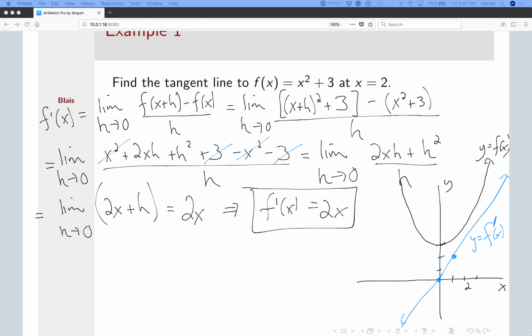So the question we were asked is to find the tangent line at x equals 2. So maybe we'll draw that in orange. So we are here at x equals 2. And so this is our tangent line.